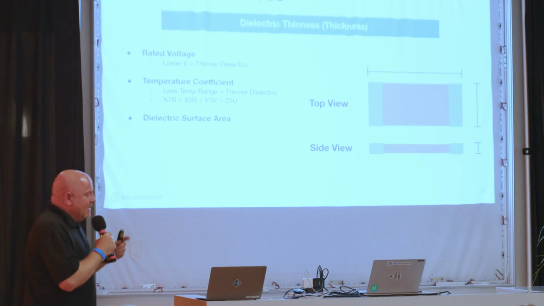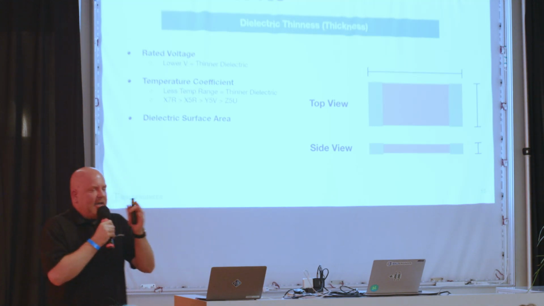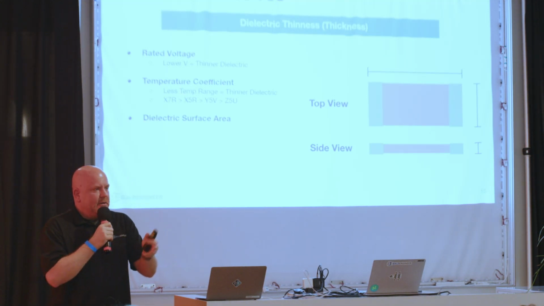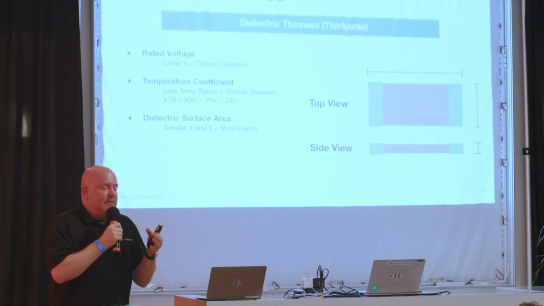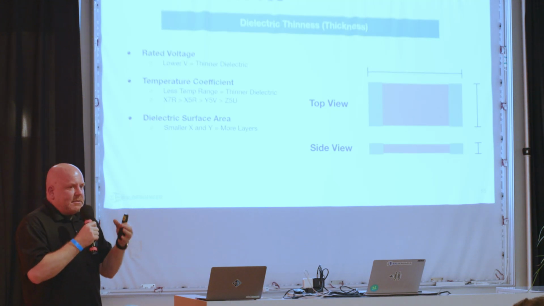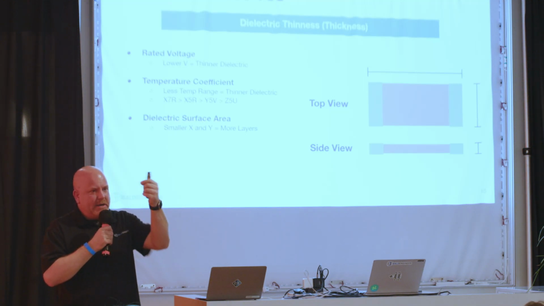And then this last one, if you can wrap your mind around this, then you'll start to realize how easy it is to pick a ceramic cap. As you downsize, say you go from an 0805 to an 0603, you are reducing the surface area of those dielectric plates. If you reduce the surface area, to have the same capacitance you now need more layers.